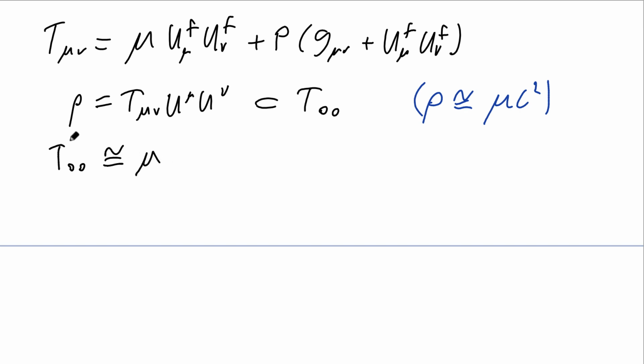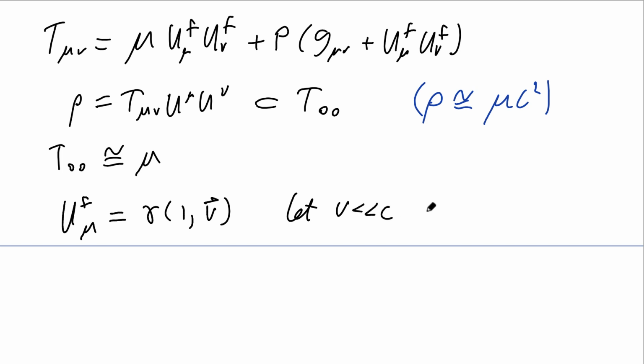Now where does this come from? If we look at the full stress energy momentum tensor, what we're doing is approximating the ordinary velocity of the fluid as being very small. So the forward velocity of the fluid was gamma (1, v), and we're letting v be much smaller than the speed of light.